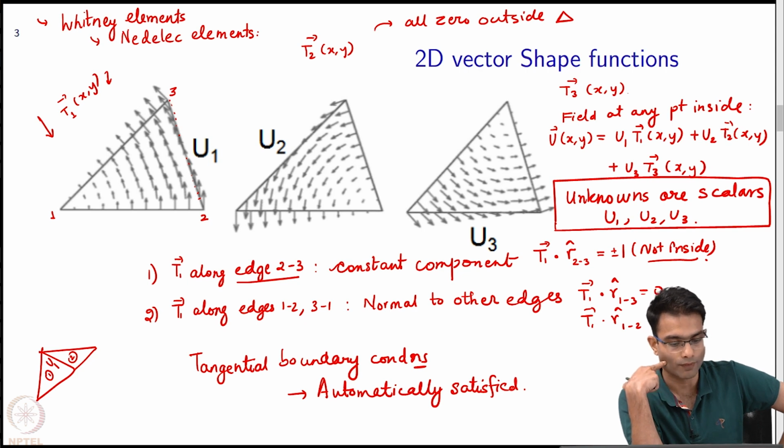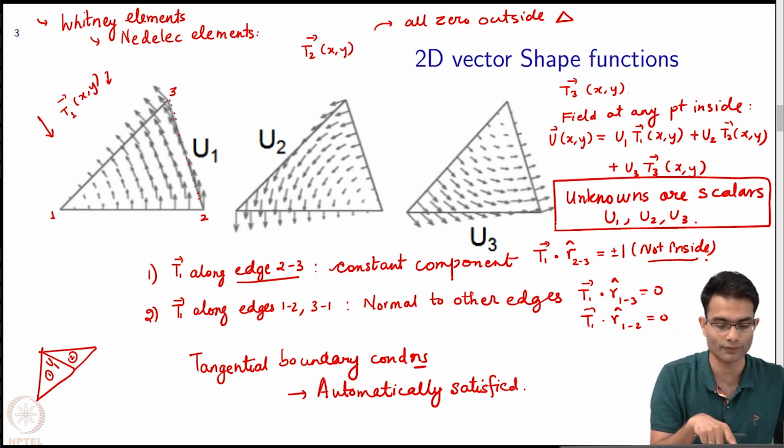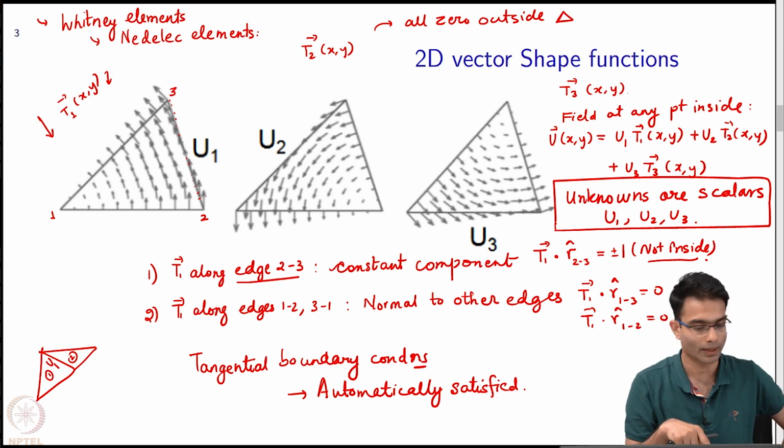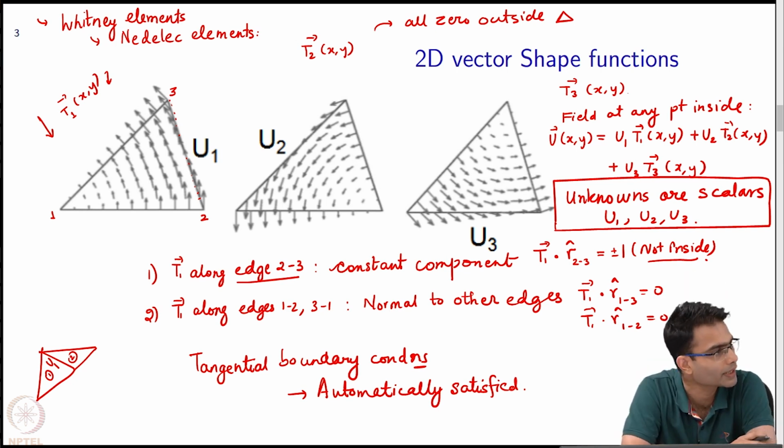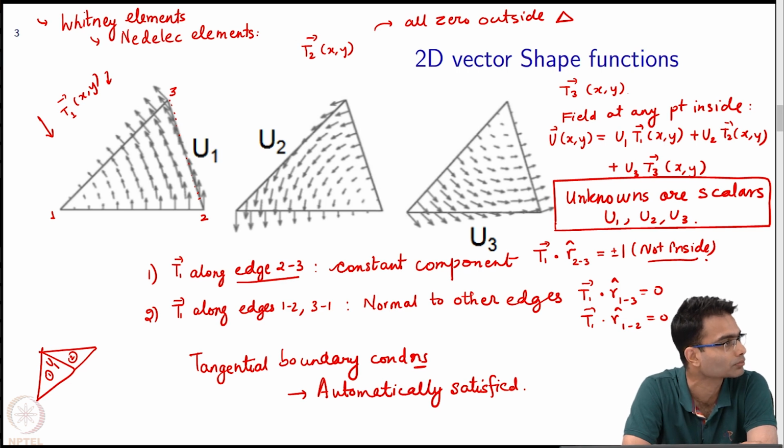When you are saying I am walking from node 1 to 2, take any edge and walk along it. There is only one guy with a tangential component.